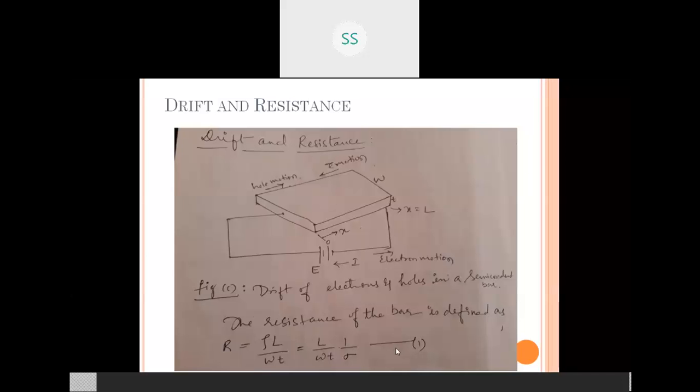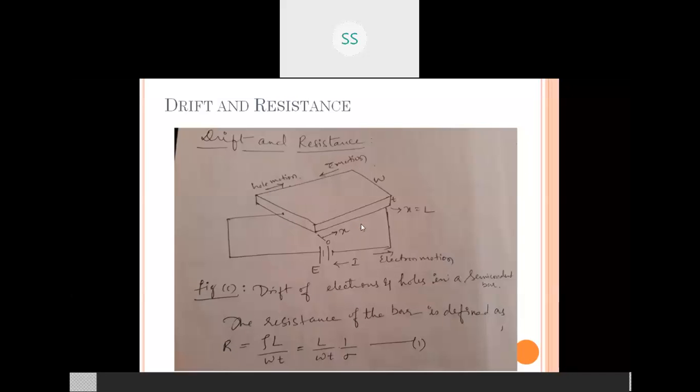The electron and hole components of the current are in the direction of the electric field, as the conventional current is positive in the direction of the hole flow and opposite to the direction of the electron flow. Hence the drift current is constant throughout the bar. The drift current is the current constituted by the drifting of both holes and electrons, and it remains constant throughout the bar. Only the direction of movement will be opposite for them.